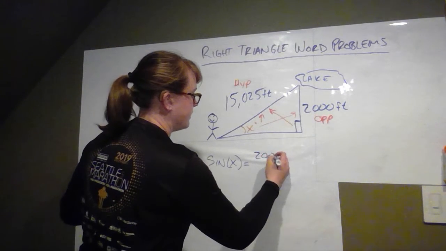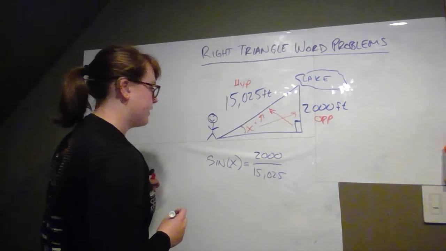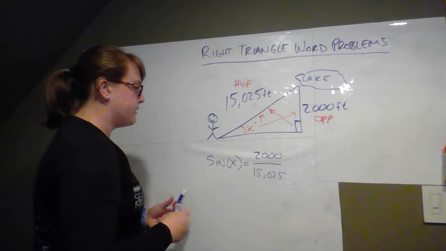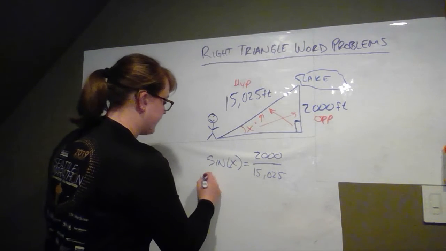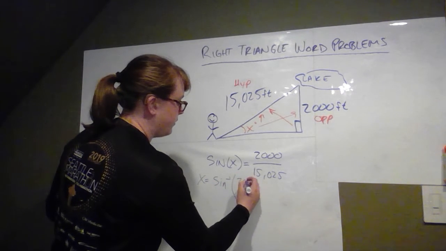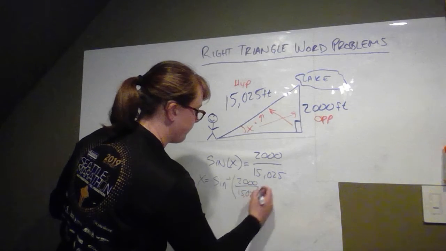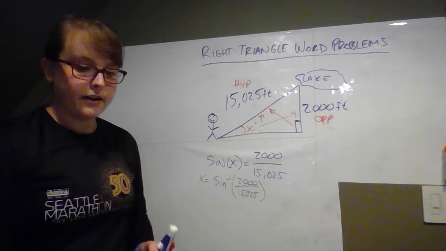So 2,000 over 15,025. So then what we need to do in order to find x by itself is take the inverse sine of both sides. So x is going to be sine inverse of 2,000 over 15,025. Then we just type this into our calculator.